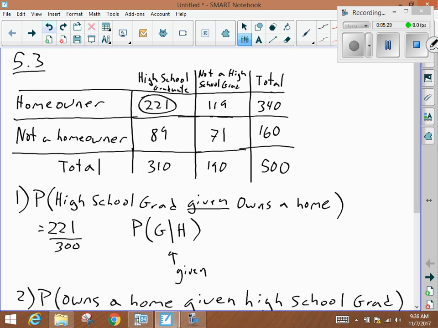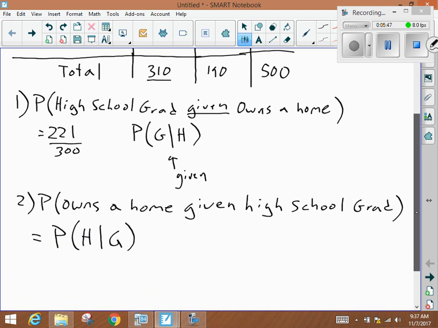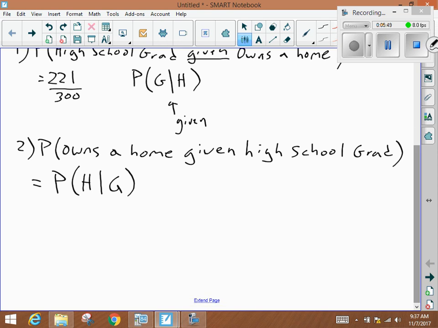So homeowner given high school graduate is going to be, we're still interested in this 221 that I had circled. But now our sample space is going to be 310. So that is going to be equal to 221 divided by 310.